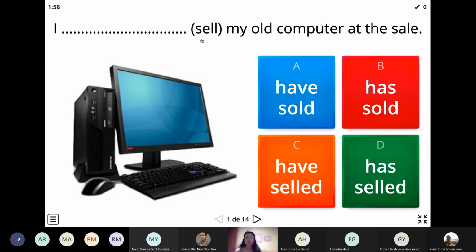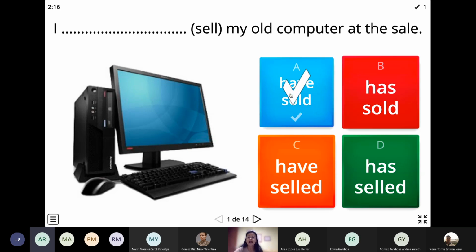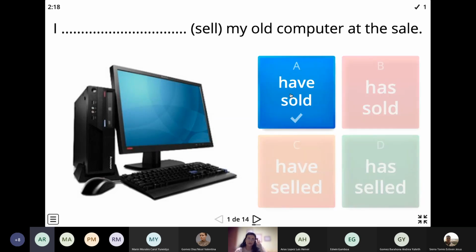Let's read the complete sentence. I have sold my old computer at the sale. Very good. The answer is I have sold.